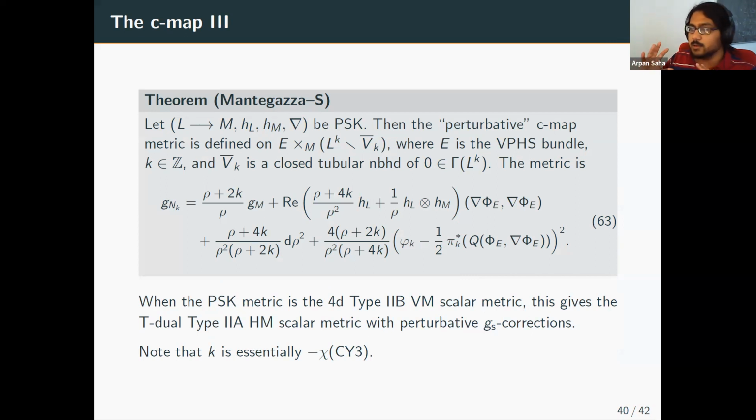If you ignore the D-instanton corrections, then the C map can be realized as a certain bundle over the PSK manifold, which is explicitly given here. This is just the fiber product of the VPHS bundle E and some tensor power of the line bundle, but with a certain tubular neighborhood of the 0 removed. And then there's a very explicit metric that is defined on that.